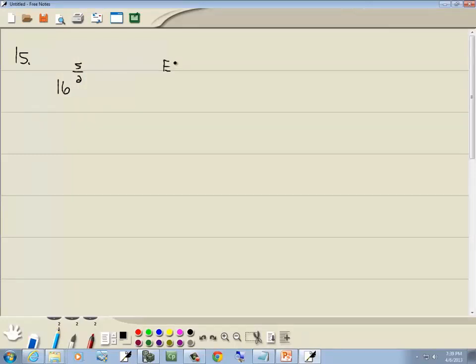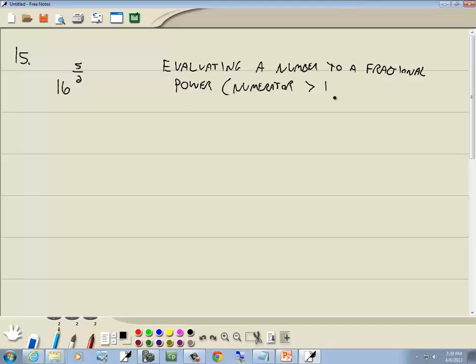So this is evaluating a number to a fractional power, rational exponent. So to a fractional power where the numerator, the number up on top, is greater than 1.